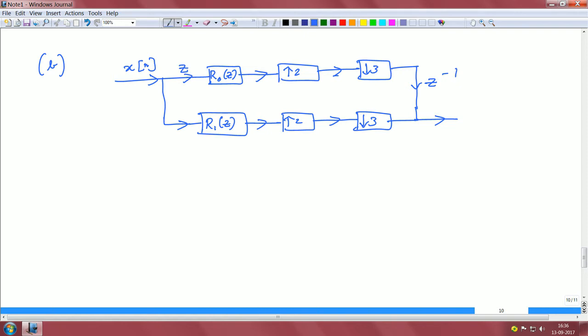If you can sort of realize, because we have R0 of z and R1 of z, and then we have these upsamplers followed by downsamplers. Now there is another trick we could invoke, which is from the interconnecting systems. Notice that you have L equals 2 and M equals 3, the GCD of L and M is 1, so you can basically exchange them.